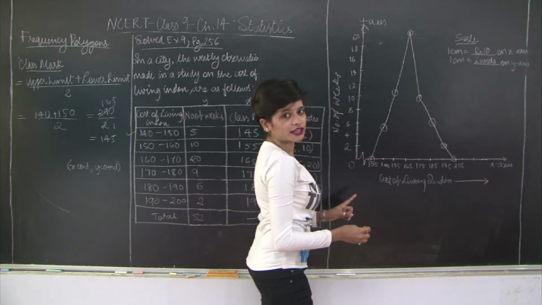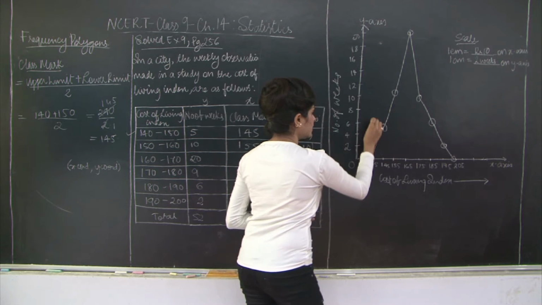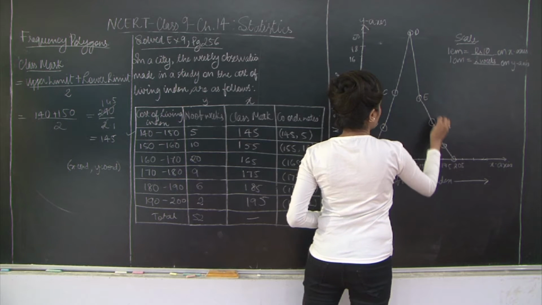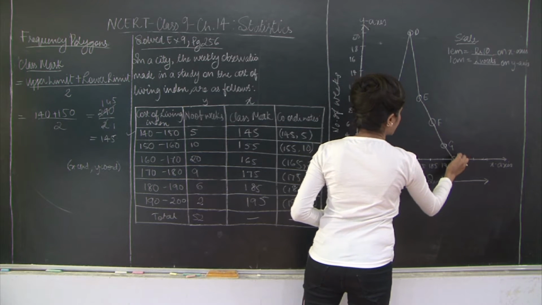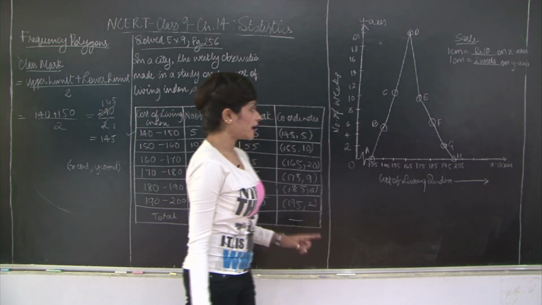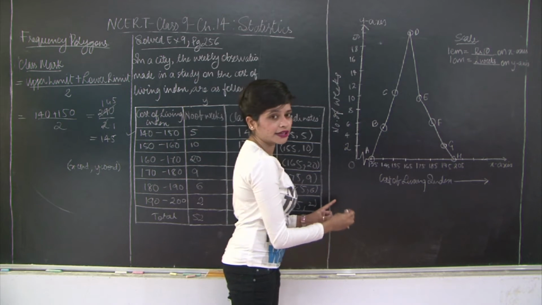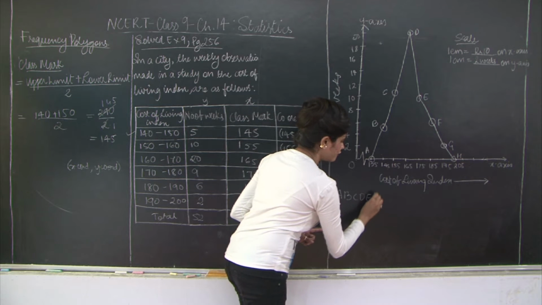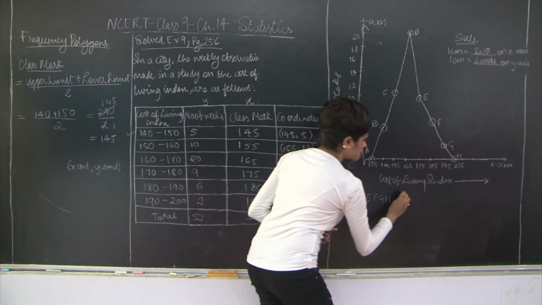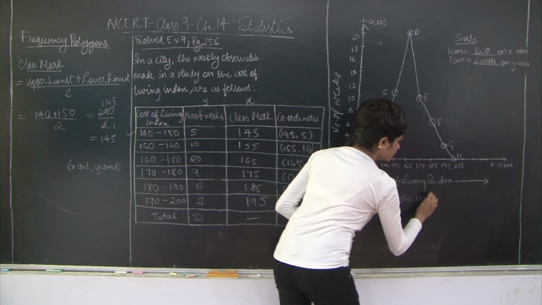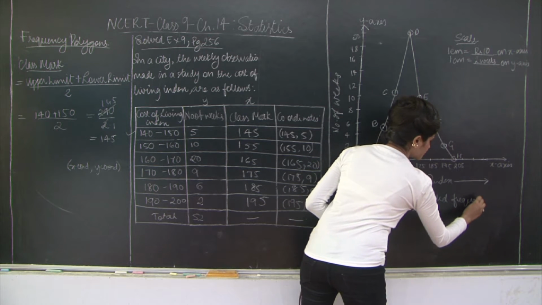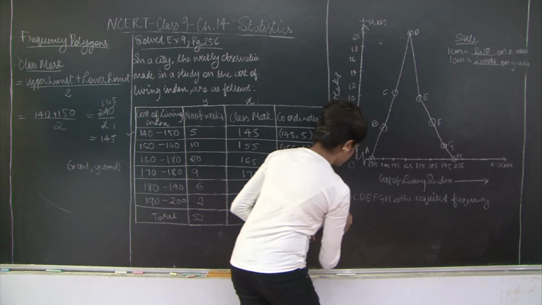And I'm going to give a name to my frequency polygon: A, B, C, D, E, F, G and H. So this is my required frequency polygon: A, B, C, D, E, F, G, H. So I will say A, B, C, D, E, F, G, H is the required frequency polygon.